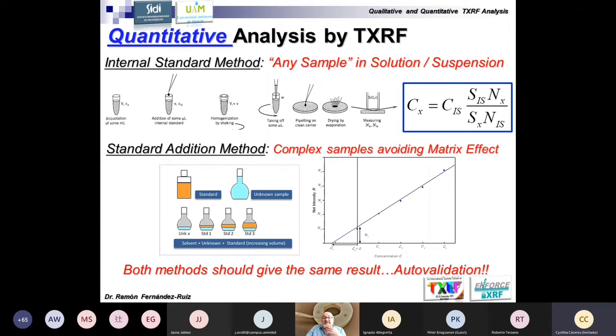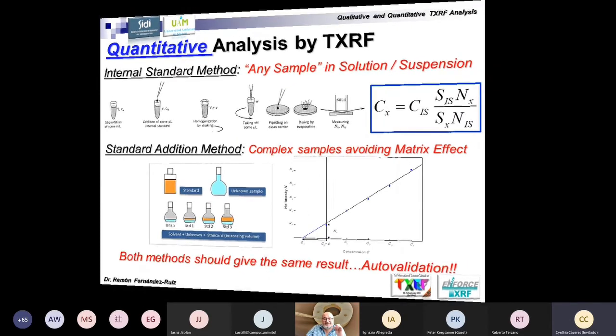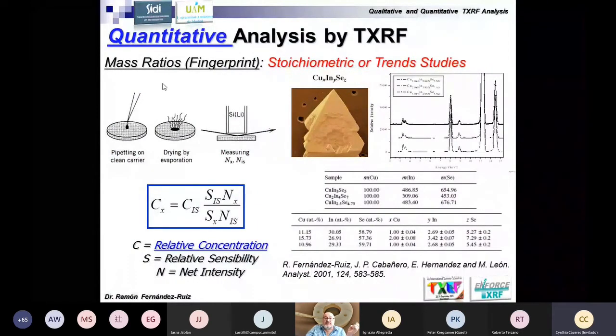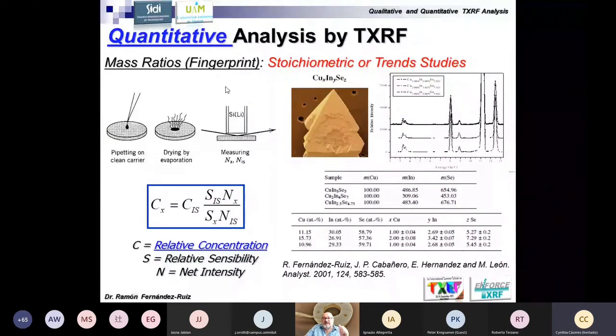It's sometimes necessary to use it. And the easiest application of the TXRF is the evaluation of mass ratios, the fingerprint, that is for evaluation of stoichiometry or trend studies.